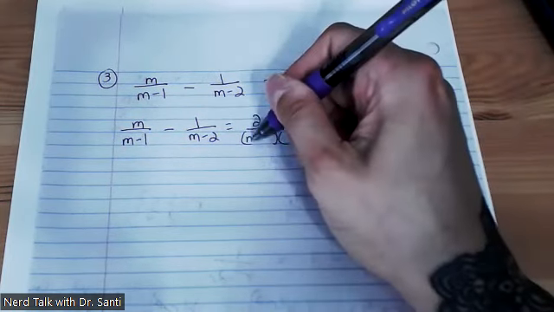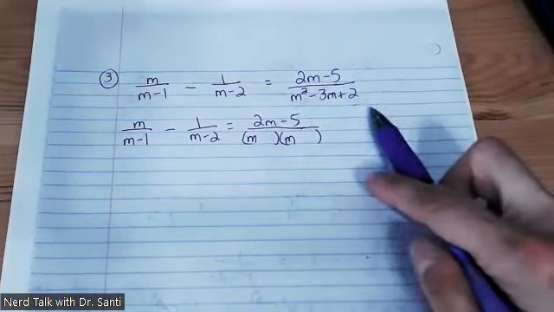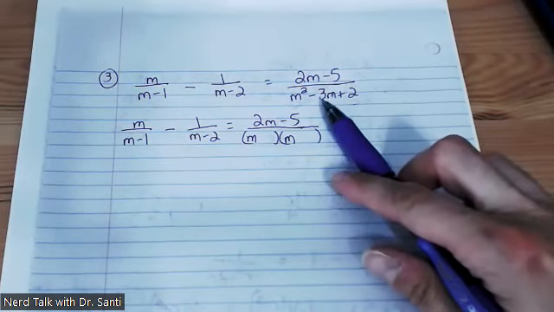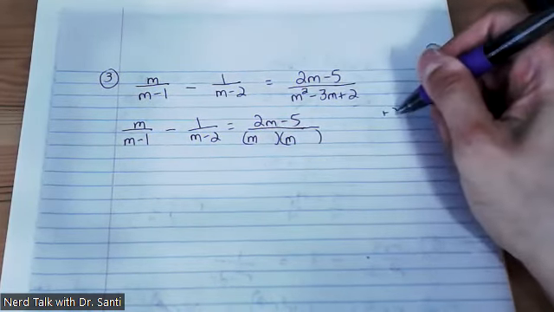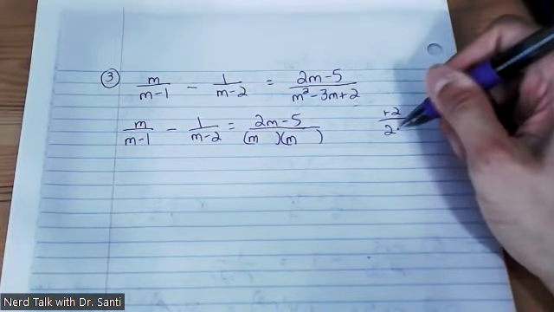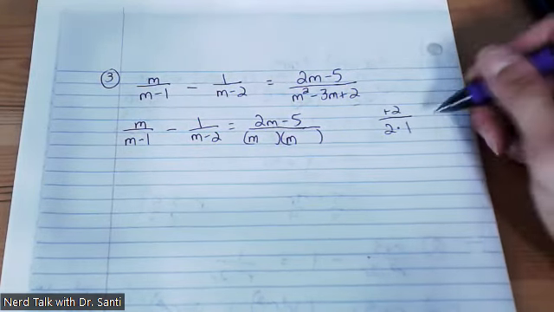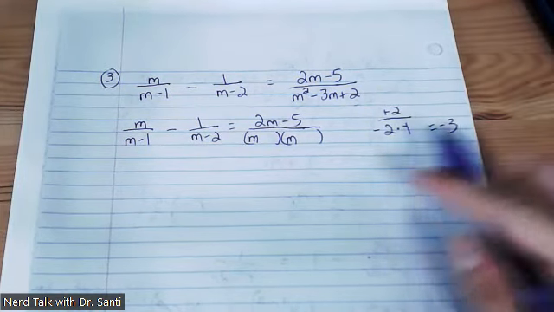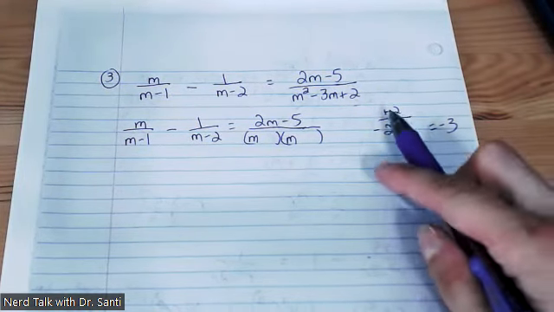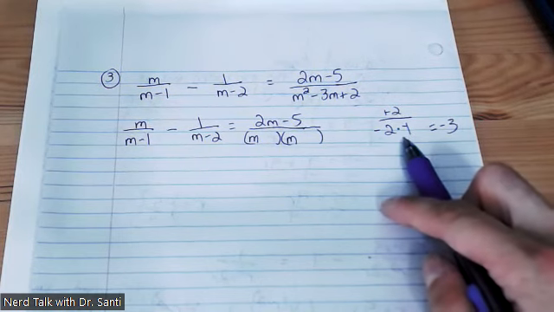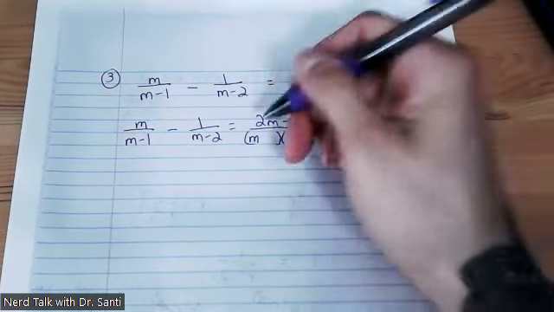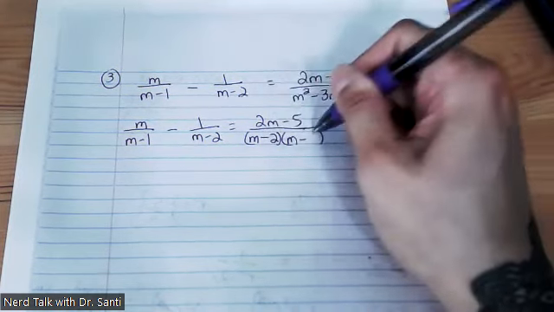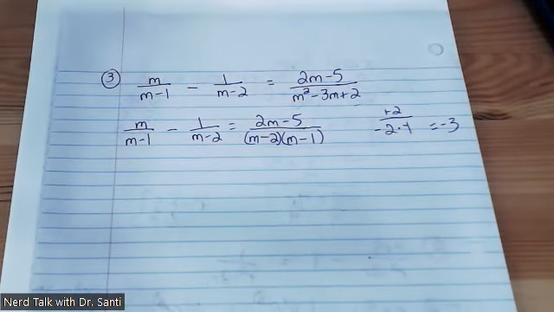So first off, m squared breaks down into m times m, and factors of positive 2 that combine to give me a negative 3. Think of it this way. I know that 2 times 1 gives me 2, but I need a negative 3, so that implies that both factors must be negative. Negative 2 times a negative 1 is a positive 2. Negative 2 minus 1 is a negative 3. Let's go ahead and write minus 2 and then minus 1 in the parentheses.